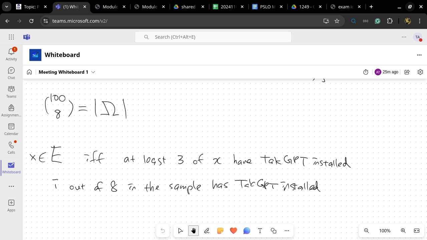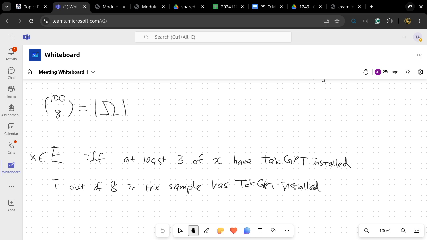from how many? Out of the entire box, from the original problem description, how many have tech GPT installed? 10, according to the question, there are 10. So out of the 10, I have to choose I of them. Is that okay?